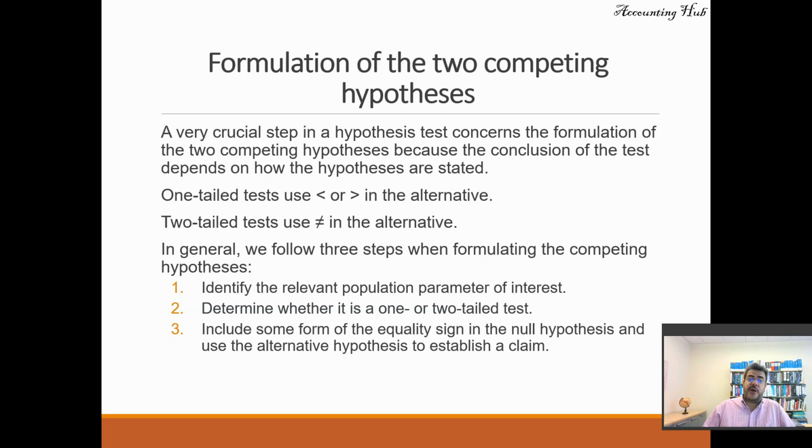Include some form of the equality sign in the null hypothesis and use the alternative hypothesis to establish a claim. It's equal, greater or equal, lower or equal, or any other form of equality sign.